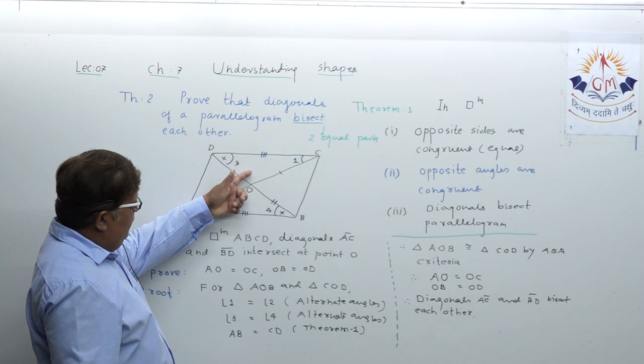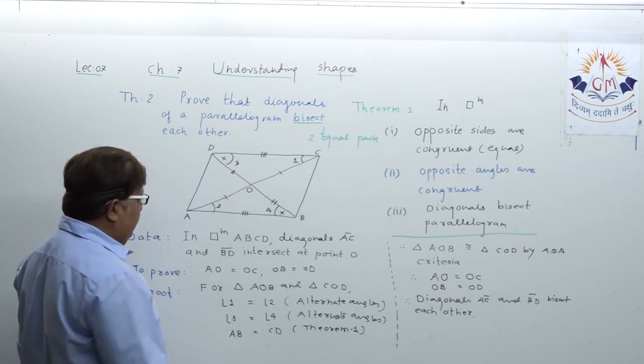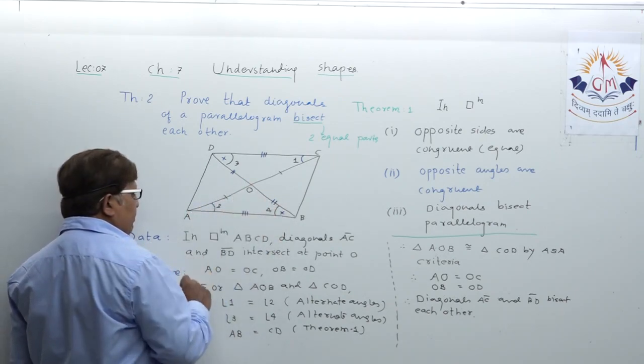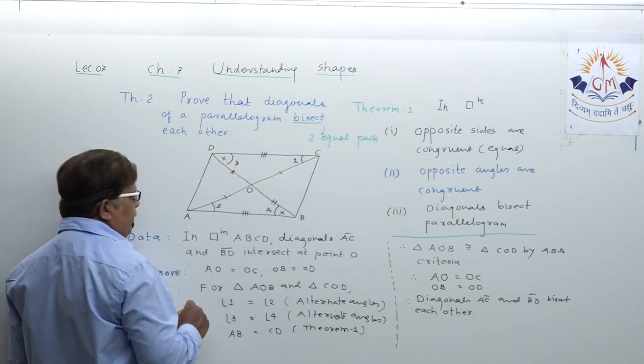Then we targeted two triangles, triangle AOB and triangle COD.